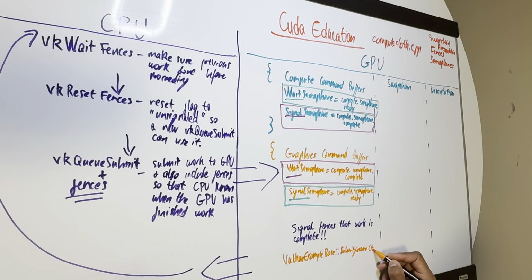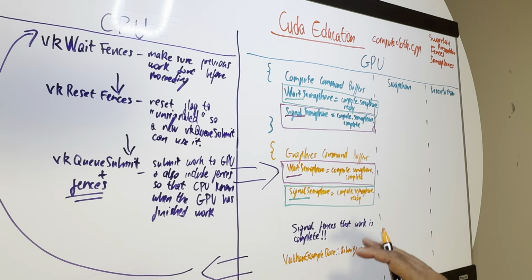So what we're doing now is we've done all the work. We've done the compute stuff. We know what we're going to display and how we're going to display it, the colors, the vertices, all that good stuff. Now we have to present to the screen, right?